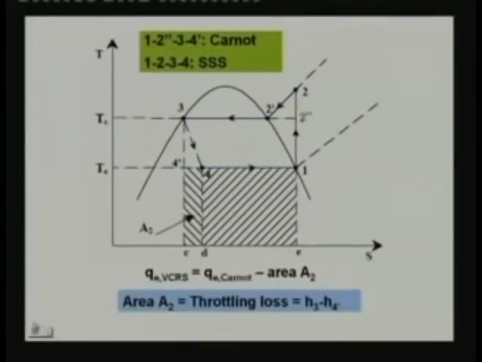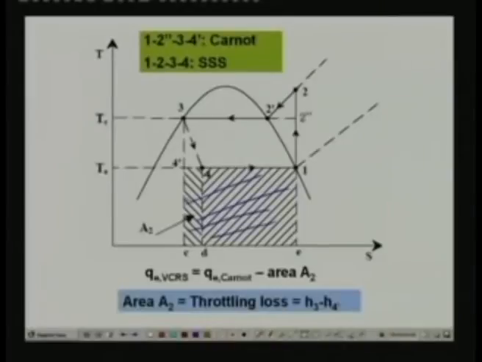Now if you look at the Carnot cycle 1, 2 double dash, 3, 4 dash, the refrigeration effect is nothing but the area under the curve 4 dash to 1, that means this entire area. Whereas the refrigeration effect of the standard cycle is nothing but the area under process 4 to 1, that means this area.